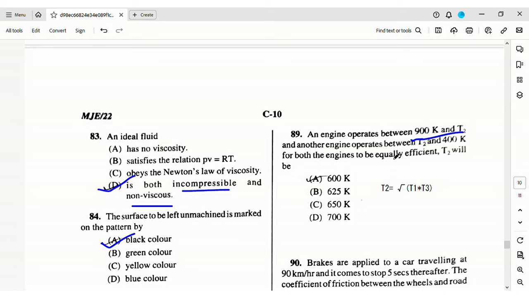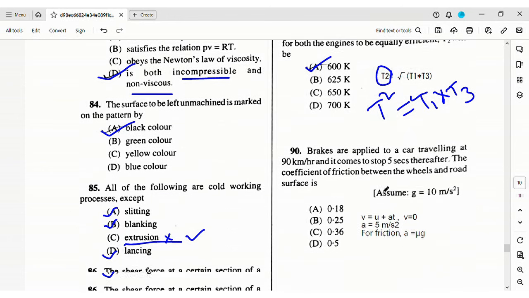If two engines are equally efficient, then the intermediate temperature T2 squared equals the maximum temperature times the minimum temperature. So from that equation, T2 equals root of T1 into T3. So the answer will be 600 Kelvin.